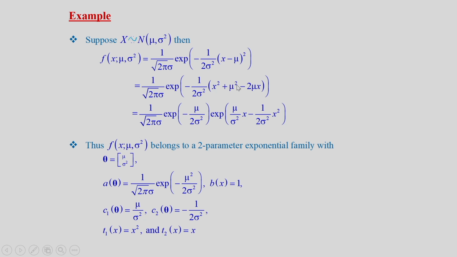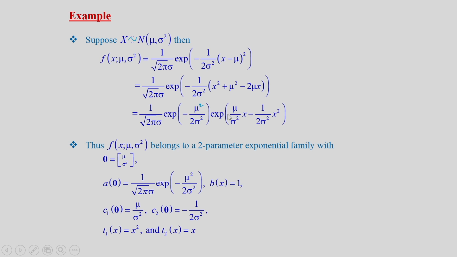Now this mu square term we can take outside. So that way it will be 1 by root over 2 pi sigma into exponential minus mu square by 2 sigma square into exponential of mu by sigma square x, this part, minus, because of this minus sign, 1 by 2 sigma square into x square.